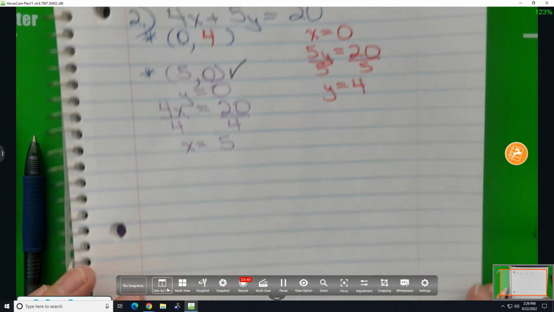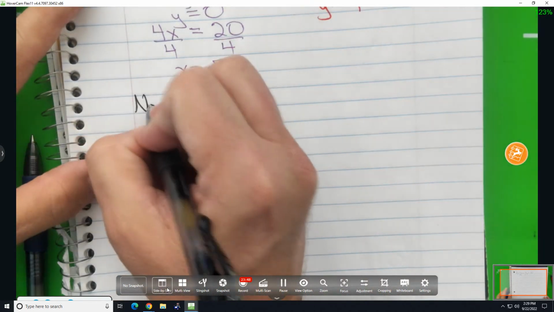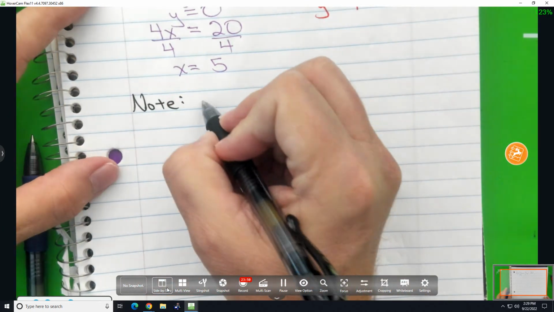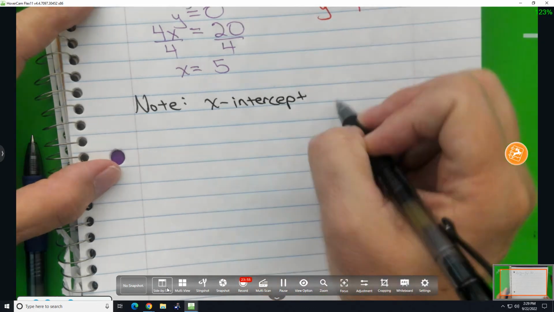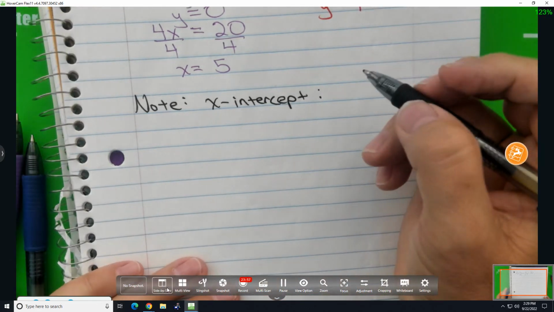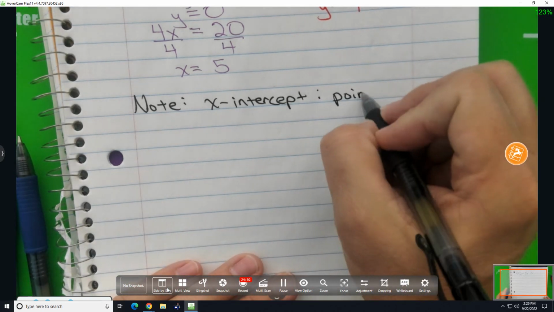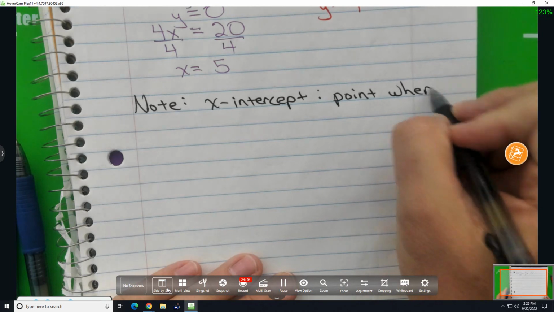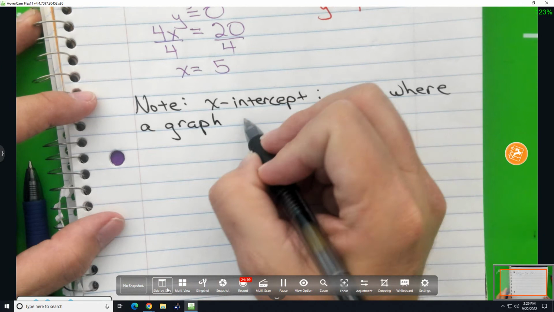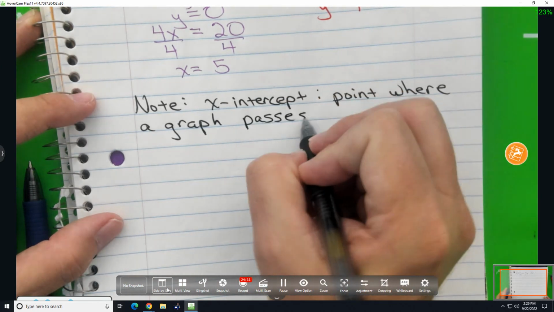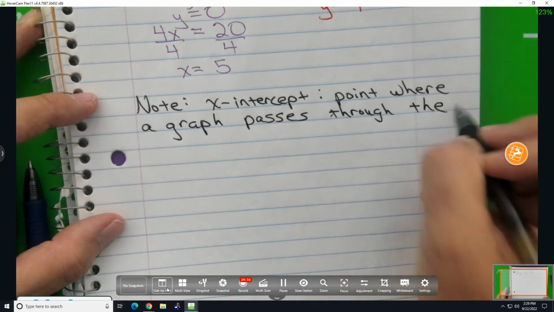I'm going to make a note, because you may see this terminology later on. X-intercept: the point where a graph passes through the x-axis.